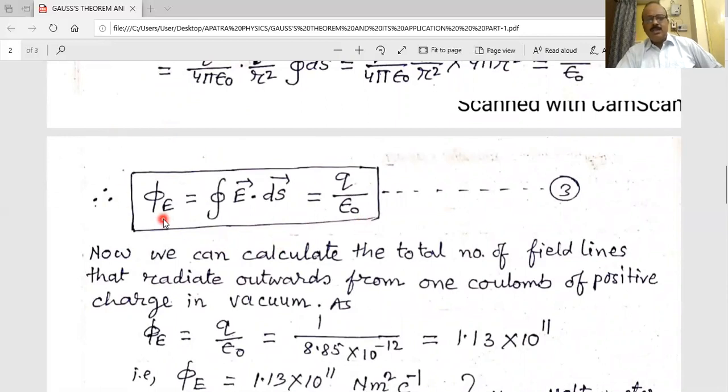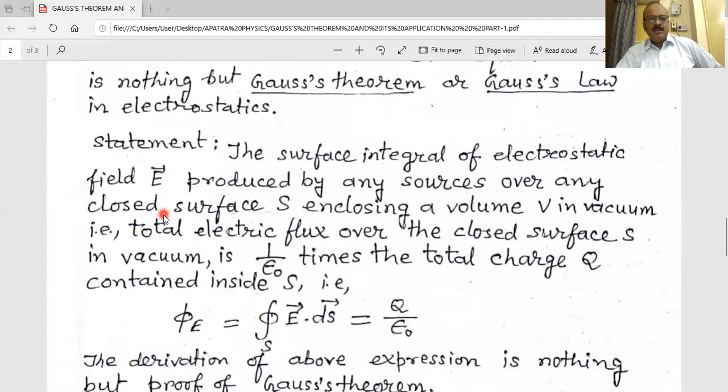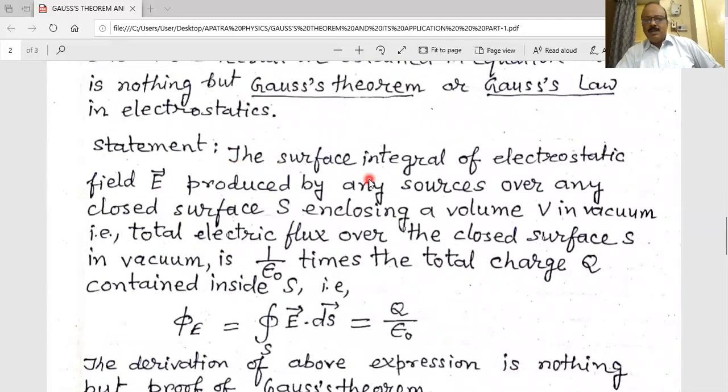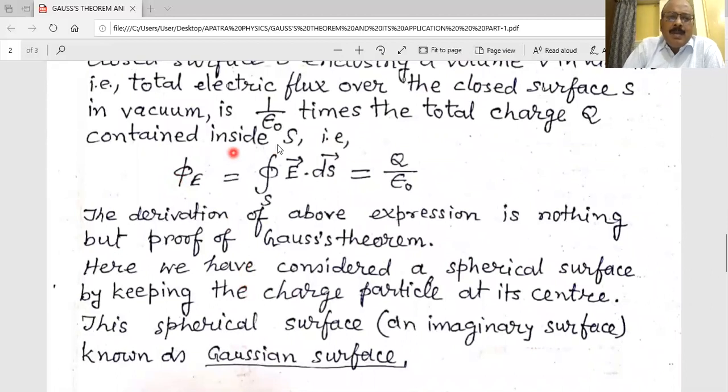The surface integral of electric field E produced by any charge over any closed surface S enclosing a volume V in vacuum, that is the total electric flux over the closed surface S in vacuum, is 1 by epsilon naught times the total charge Q contained inside S. That means we have proved it mathematically, and if you know this, you can write the statement yourself.